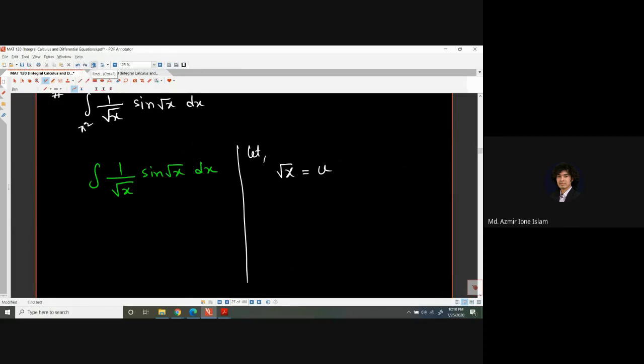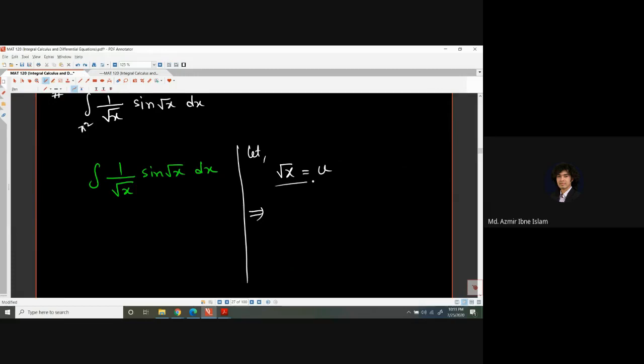If you have a lot of practice, you will easily figure out which function should be u, otherwise you have to use the trial and error process. But things will be easier, and you can save your time, if you have a lot of practice with the U-substitution method. So definitely for this integral we can take root x as u.